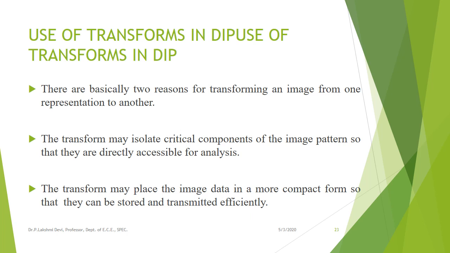The transform may isolate critical components of the image pattern so that they are directly accessible for analysis. The transform may place the image data in a more compact form so that they can be stored and transmitted efficiently. Because of these reasons, we use transforms for processing digital images. That is the introduction to transforms in digital image processing.